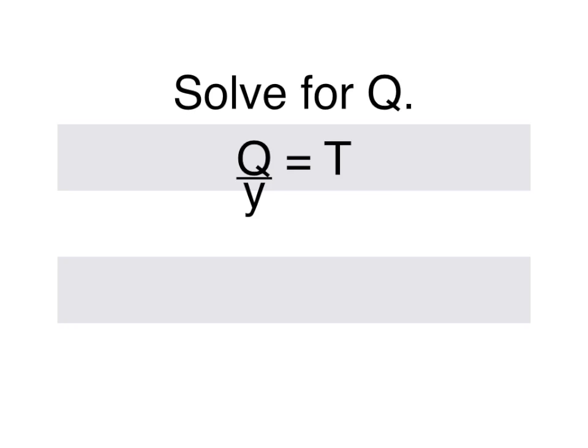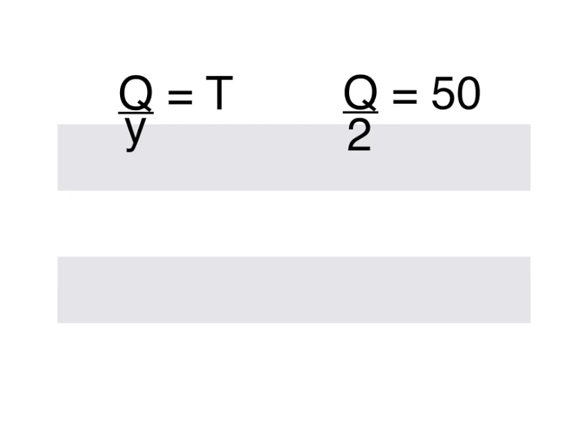Number 8, last one. Okay, solve for q. Q divided by y is t. One number divided by a second is equal to a third number t. So let's compare it to this one. So we have q over 2 equals 50. Half of something is 50. We multiply by 2 to solve that.